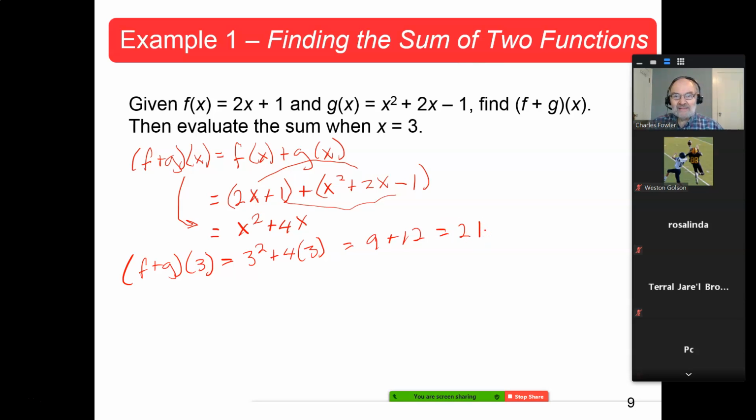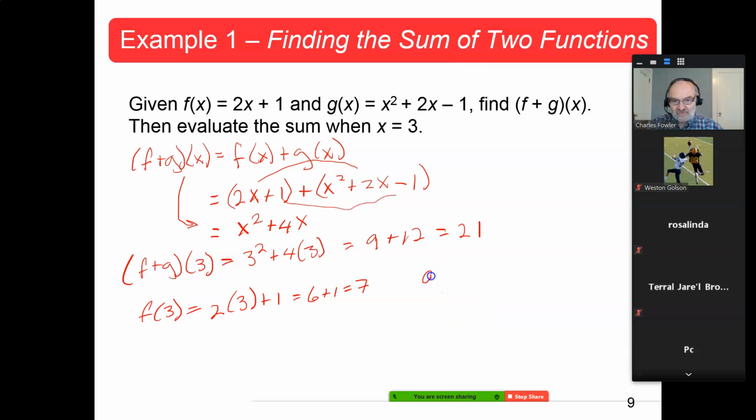Okay? Now, let me show you something. This isn't in the book, but it's something worth noting. What is f of 3? Well, f of 3 would be 2 times 3 plus 1, which would be 6 plus 1 equals 7. Well, what's g of 3?